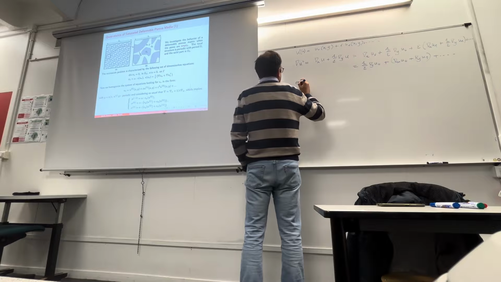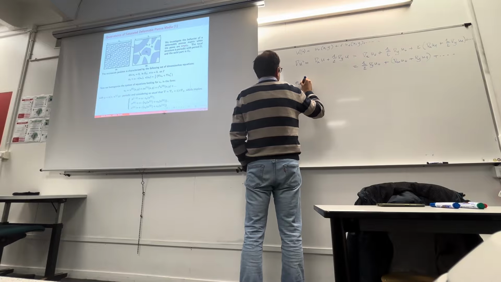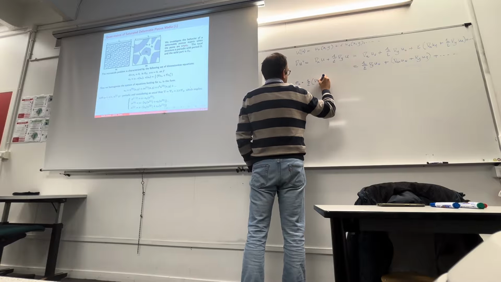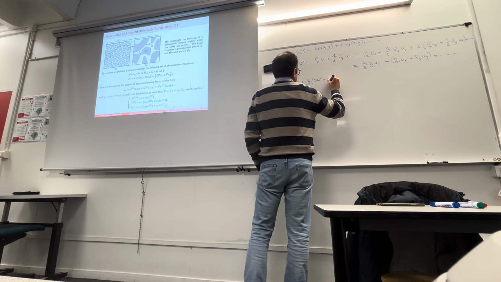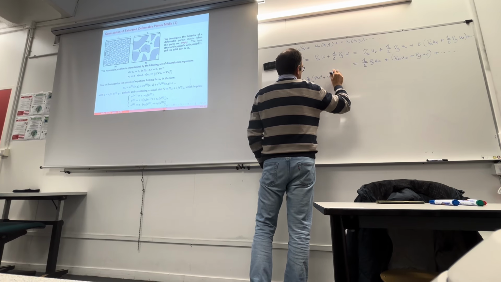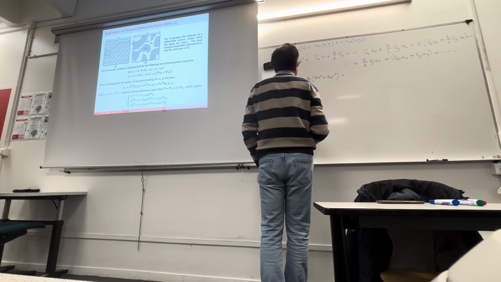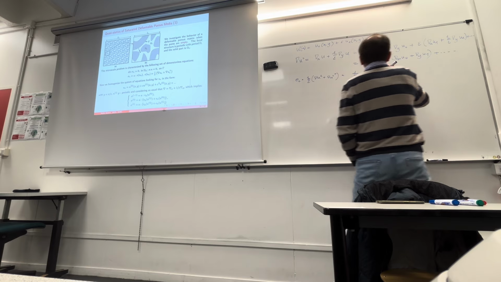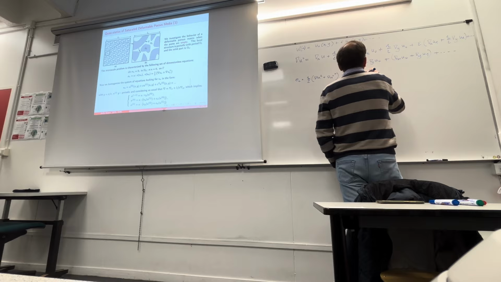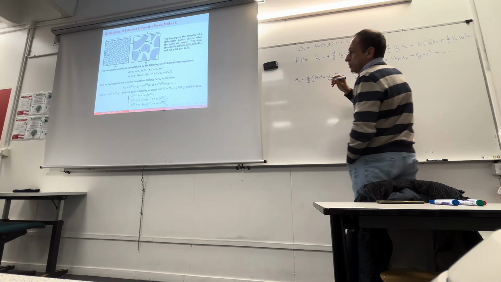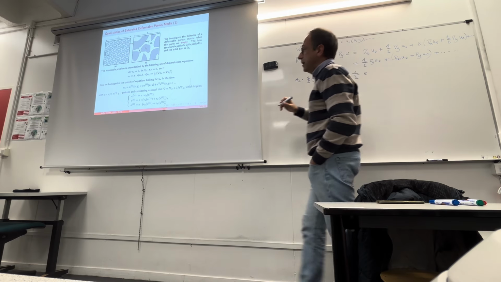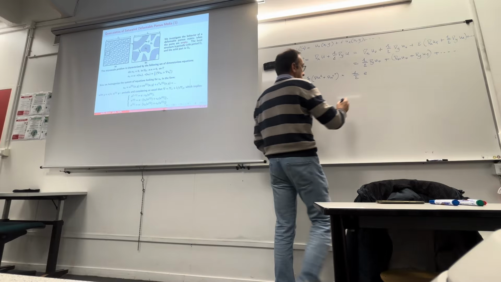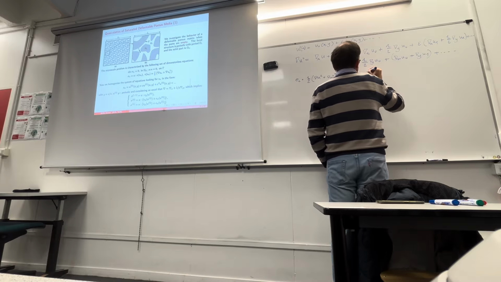So the E epsilon is 1 by 2 gradient u epsilon plus gradient u epsilon transpose. And so you will have a 1 by epsilon, so the highest order term will be what is called here Ey of u naught.